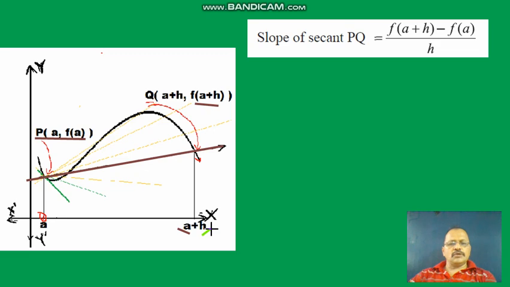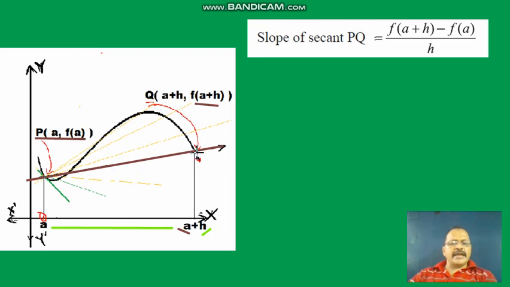Now suppose this h tends to 0. Then as h tends to 0, this a plus h will approach a. The distance between a and a plus h will become smaller and smaller, and this a plus h will move towards the point a on the x-axis. Correspondingly, this point Q on the graph moves towards the point P, but along the path of this graph.